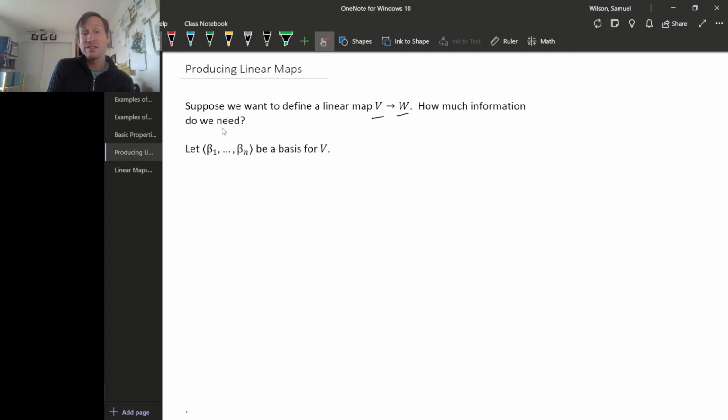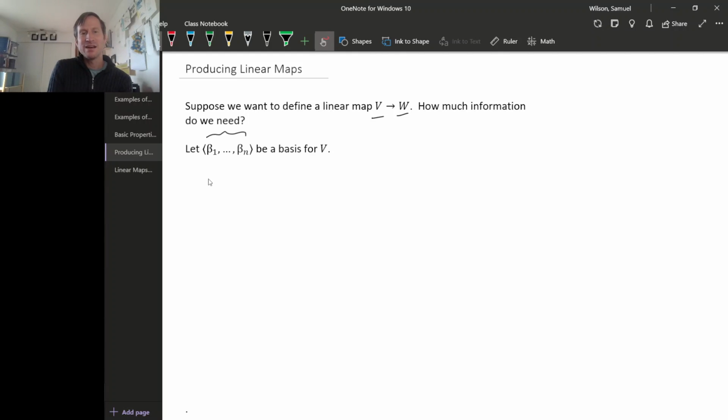Suppose that we have a basis for V, so beta 1 through beta n. How much information do we actually need? Well, if we're going to define a function from V to W, definitely we have to say what the value of this function will be on beta 1 and beta 2 all the way up to beta n.